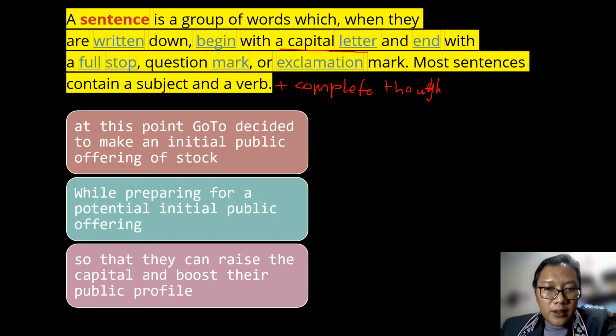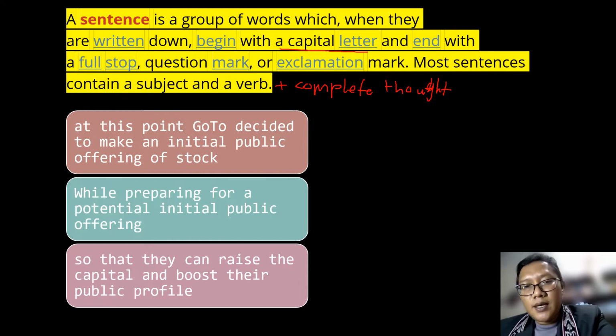Remember, because I'm hungry. That is not complete yet because you still have questions. What happened? Or so what if you're hungry? The meaning is not complete. It doesn't have the complete thought.